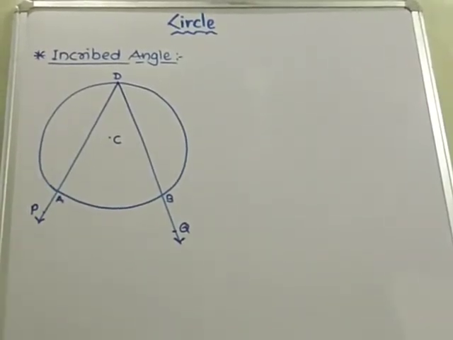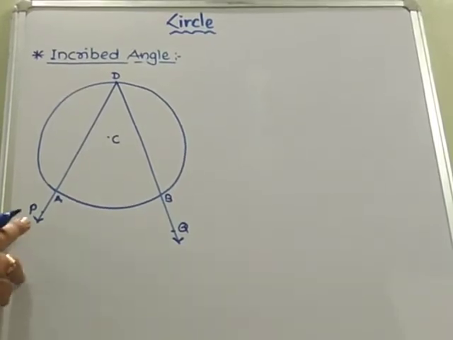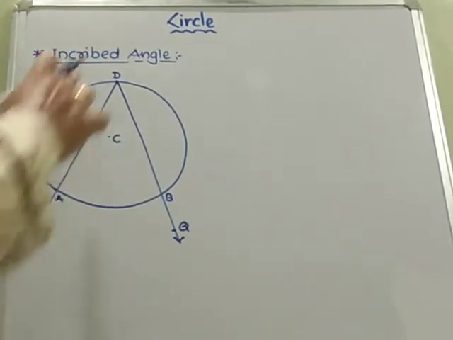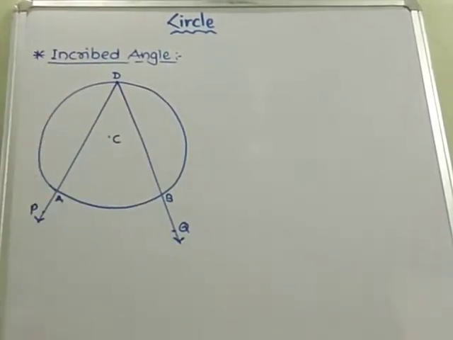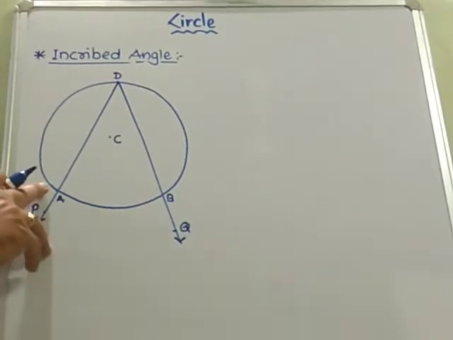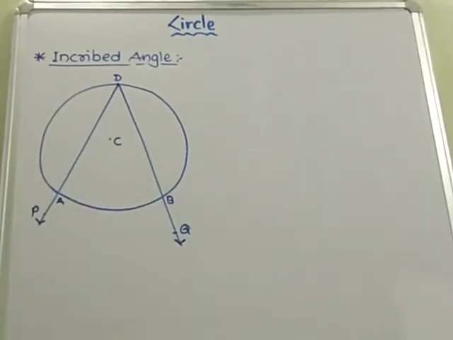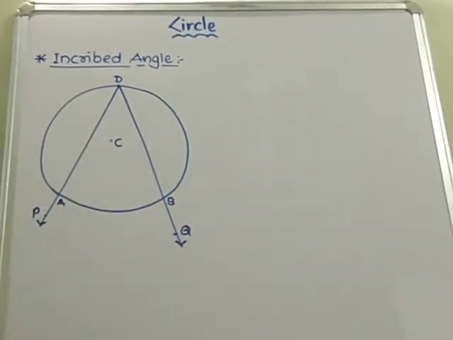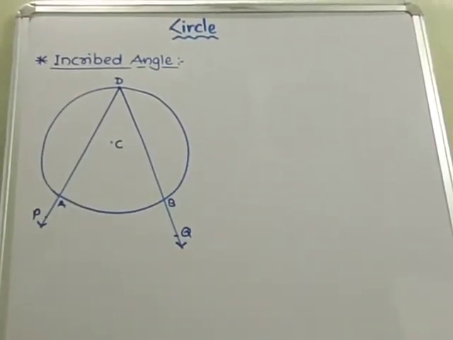The arms of angle PDQ, that means PD and DQ, intersect the circle at points A and B. Such an angle is called an angle inscribed in the circle or in the arc.